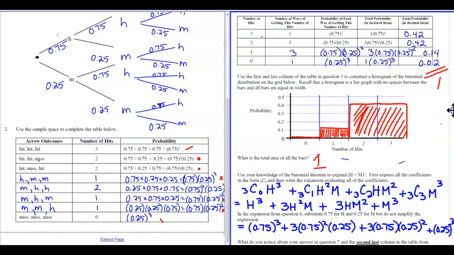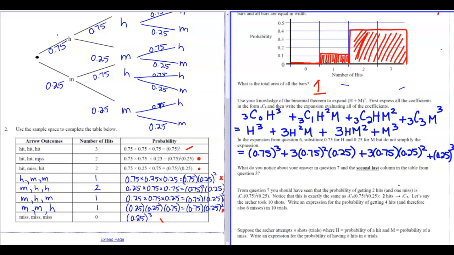So if you look back up here, you'll notice 0.75 cubed, we have it. 3 times 0.75 squared times 0.25, we have it. 3 times 0.75 times 0.25 squared, we have it. And 0.25 cubed. Okay, is exactly the same. Okay, so what do you notice? The same.